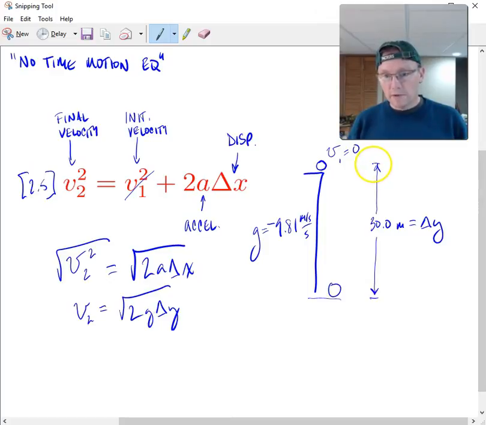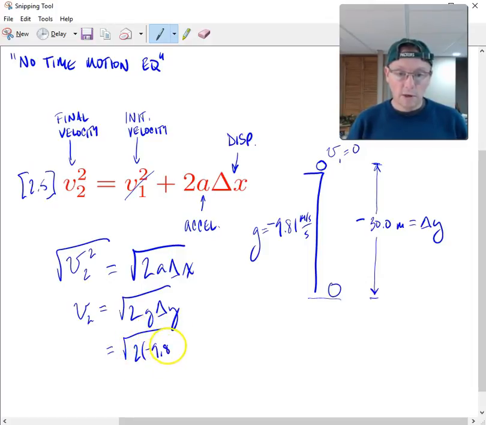You have to remember that it starts here and moves its way downward, and so technically this is a negative 30 meters. So that negative and this negative, when you multiply them together, end up canceling out. And so we have the square root then of 2 times negative 9.81 times negative 30, like so.